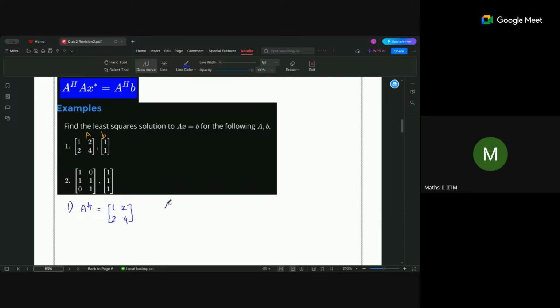Right? So multiply A^H with A. What is it that you will get?